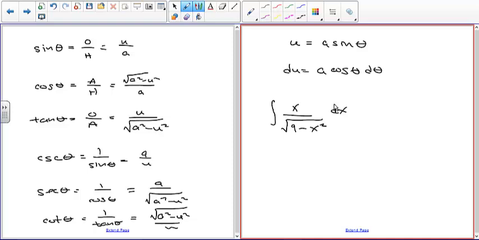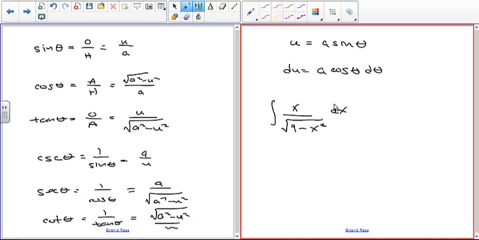So we could just say u is equal to 9 minus x squared, and du is equal to negative 2x dx. So we could solve it. And the answer, we've done it enough times, it's going to be the square root of 9 minus x squared. Right? We've done that. Because the 2 from the du cancels out with the half from here. Remember how that works.